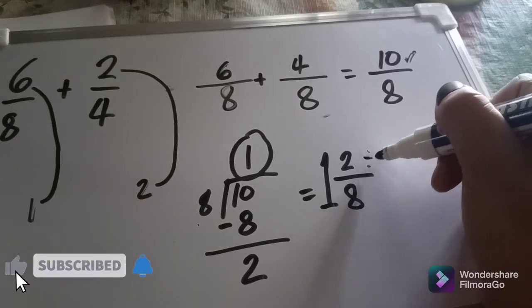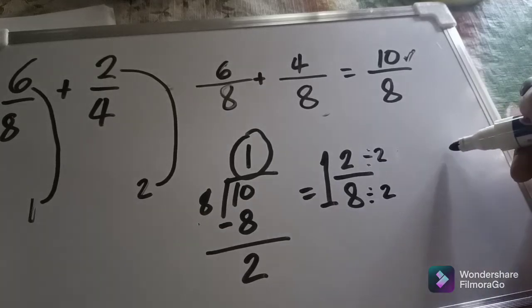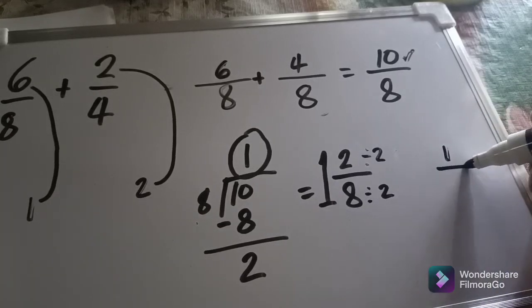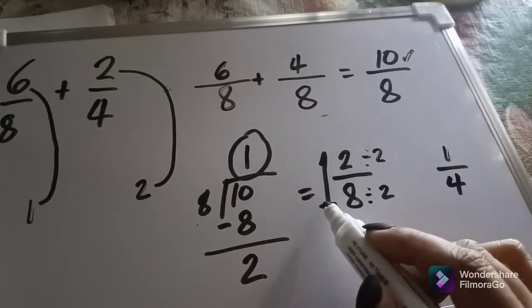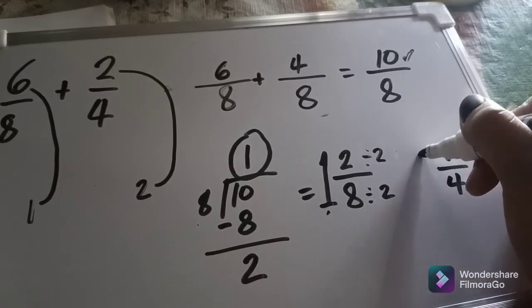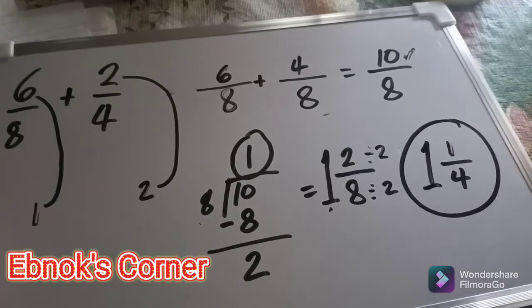That is 2. Okay, 2. So 2 divided by 2? 1. 8 divided by 2? 4. 4. Okay, there we go. And then don't forget the whole number. Okay, there you go. So this is our final answer. Okay, bye.